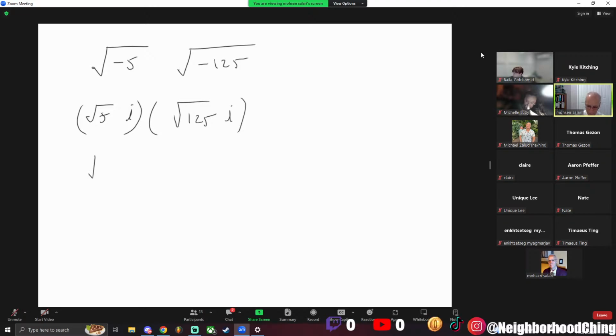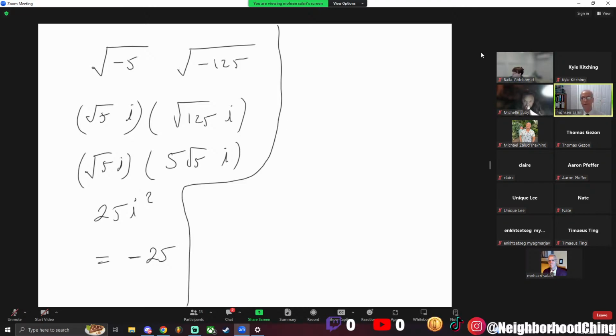So this is root 5 times i times 125, which is 5 cubed, so 5 root 5 times i. So that equals 5 root 5 times root 5, which is 5 times this 5 here is 25 i squared. i squared is negative 1, so that equals negative 25. I'm going to pause to see if I lost anyone.